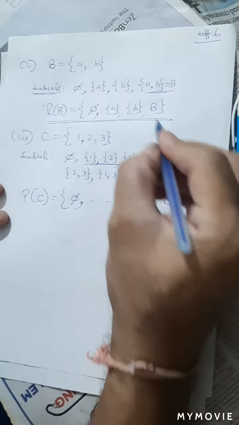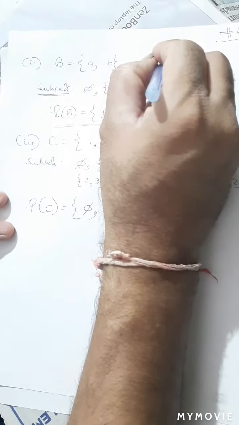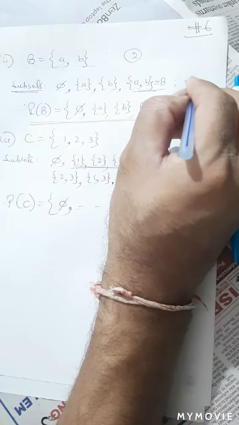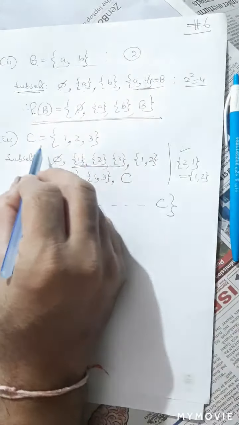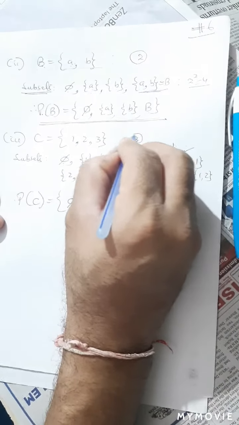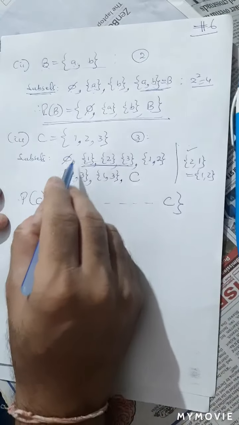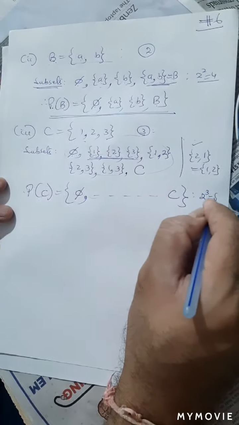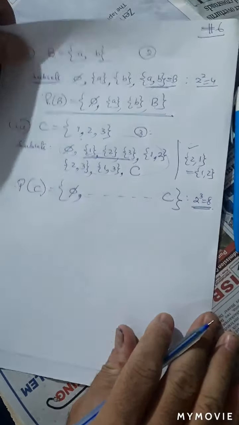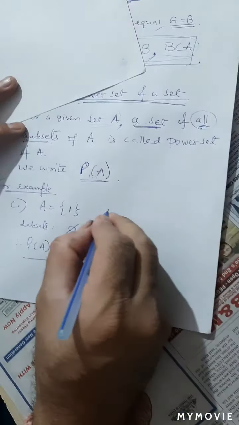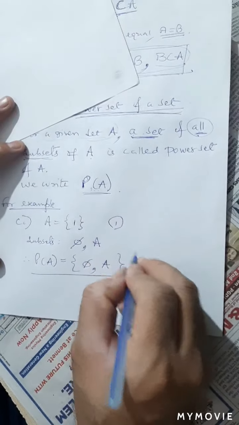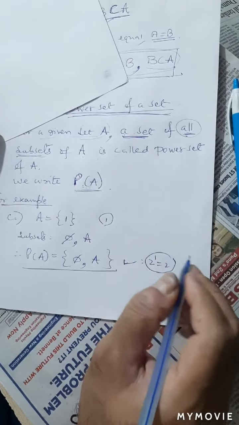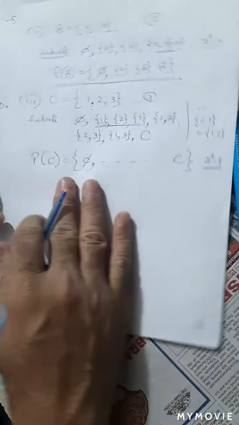Now what we notice is, this set has how many members? 2 members. So the total number of subsets is 2 raised to 2, which is 4. This set has how many members? 3 members. So the total number of subsets you can count, which is nothing but 2 raised to 3, which is 8. In the previous example, there is 1 member. So the total number of subsets will be 2 raised to 1, which is 2. So in general, this is always true.